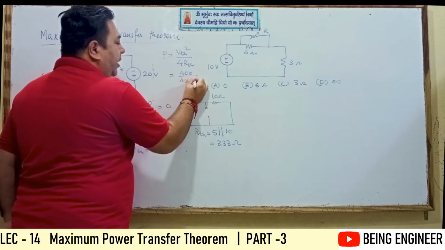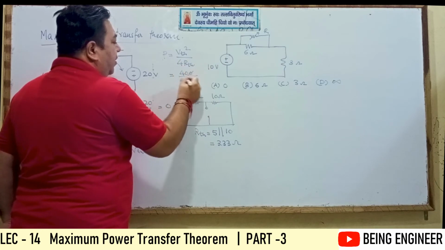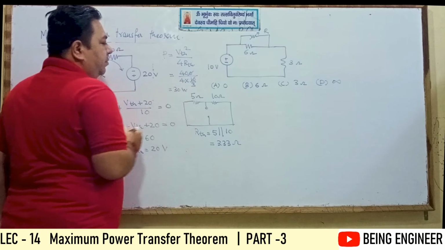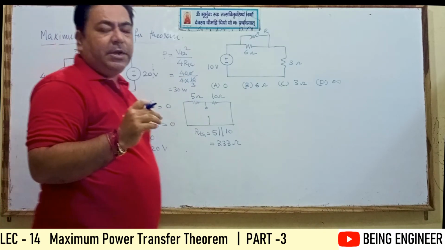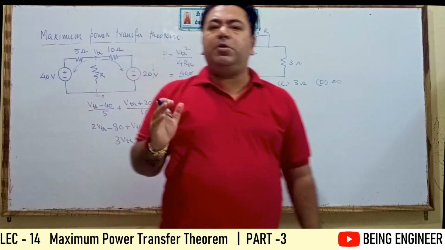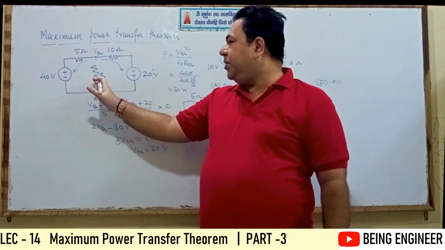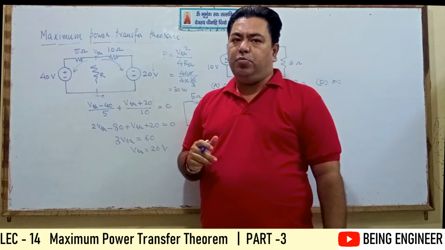I can also put 10 by 3. So this will be 120 by 40, which means 30 watt. Yes, this equals 30 watt. So the maximum power which can be transferred from source to load is 30 watt and the value of R should be equal to 3.33 ohm or 10 by 3.